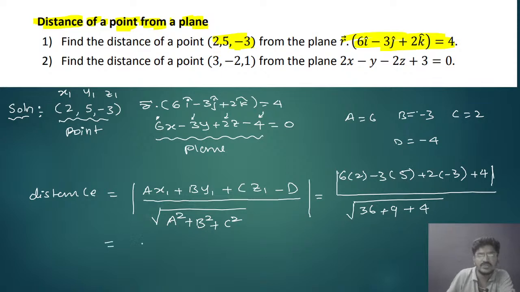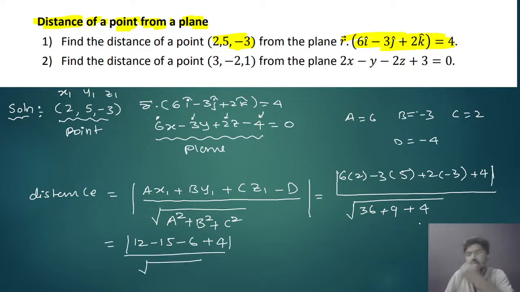Okay, this will be equal to mod of 12 minus 15 minus 6 plus 4 divided by root of 36 plus 13, which is 49. Therefore, your answer: 12 plus 4 is 16, minus 15 is 1, so 1 minus 6 is -5. So 5 by 7 will be the answer.